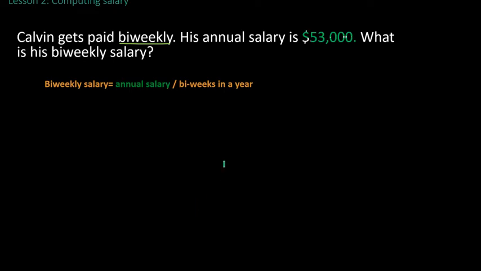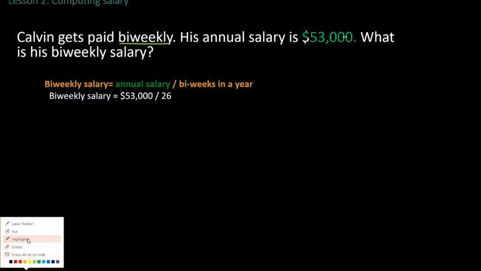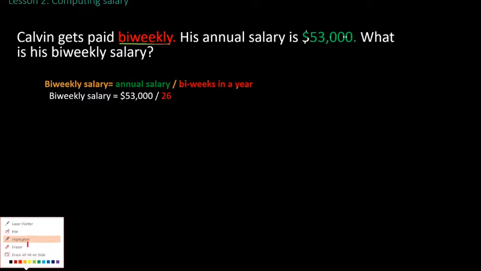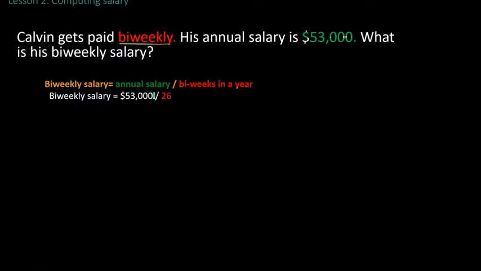And then for our denominator, we need to plug in bi-weeks in a year, or in other words, the number of pay periods in a year. So since this is bi-weekly, we know that means every other week. So there are 26 of these pay periods per year. So we'll take that annual salary of $53,000, divide by 26, and Calvin's bi-weekly salary is $2,038.46.